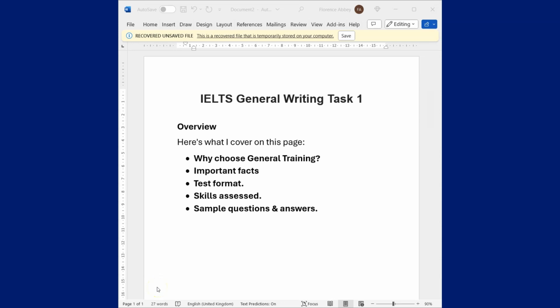I'll guide you through why you should choose general training, or what are the things that account for choosing the general training test, and also some of the important facts that you should note in the test, and also the test format, what is included in the test, and also some of the skills that they assess, and you also check some sample questions.